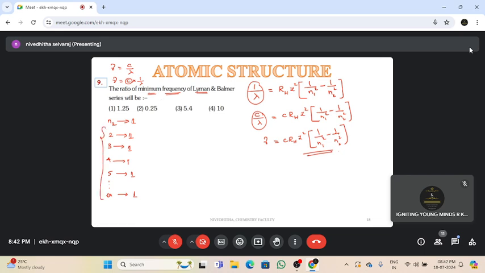But they are talking about minimum frequency. What is minimum frequency? That is the minimum energy transition. Among these transitions, which is the minimum energy transition? See, this is the first state, this is the second state, this is the third state, fourth state, fifth state, sixth state.